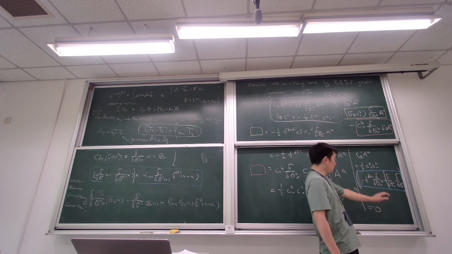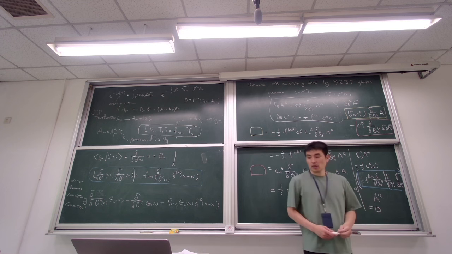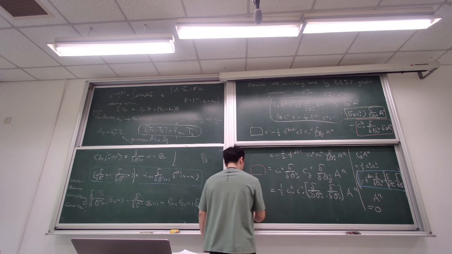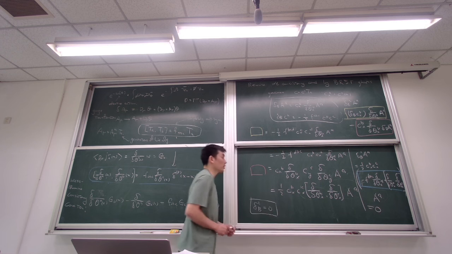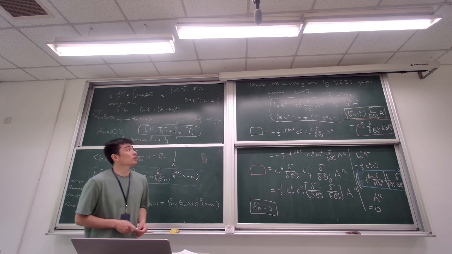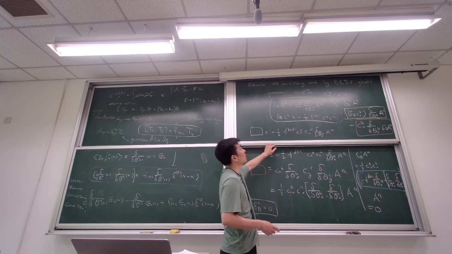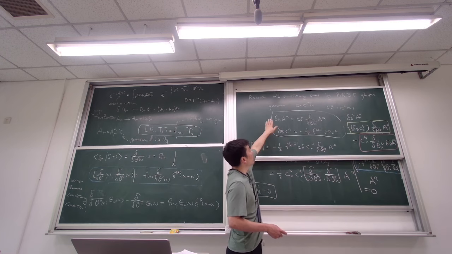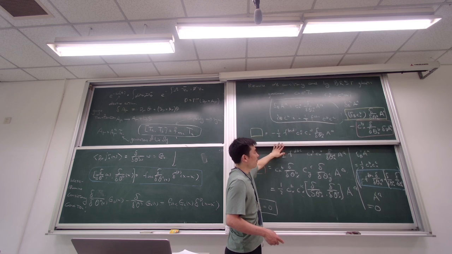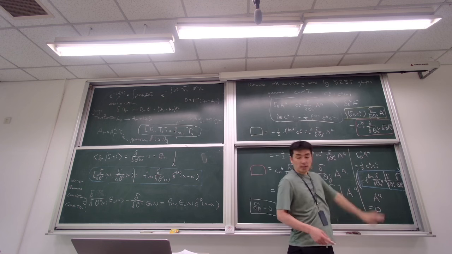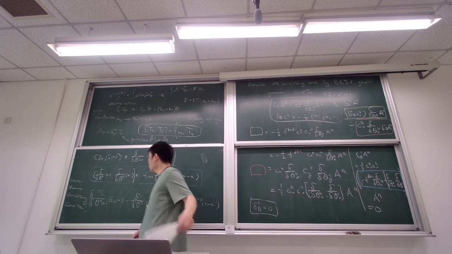Okay. Therefore, this is equal to 0. So therefore, conclusion is this is really BRC transformation. So if you just introduce this delta BRC ghost C, and if you define delta B like this way, one can find that this delta B is indeed equal to 0.